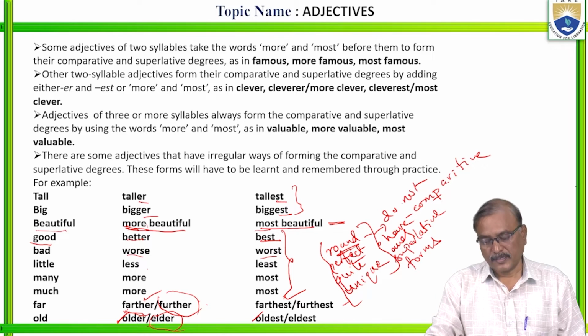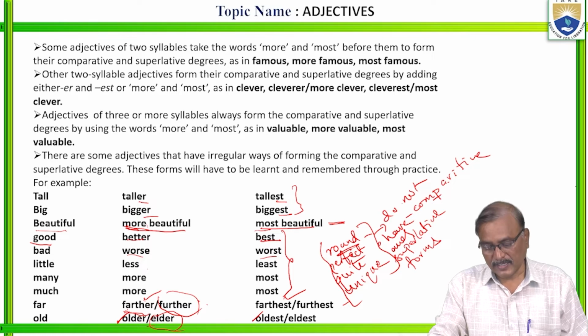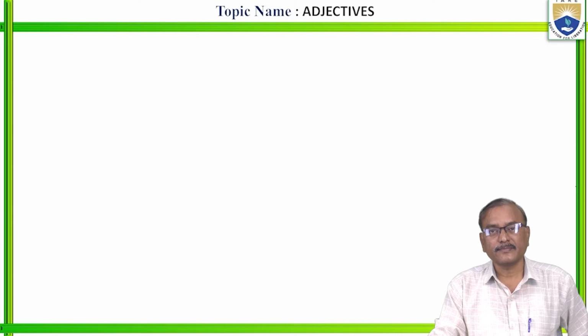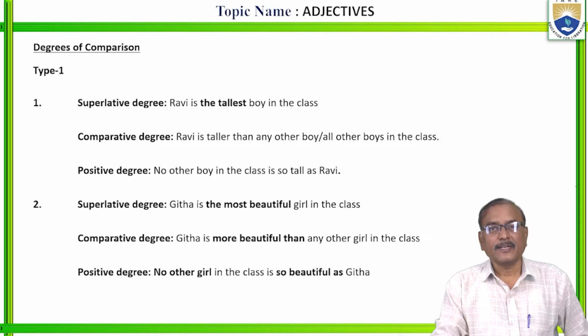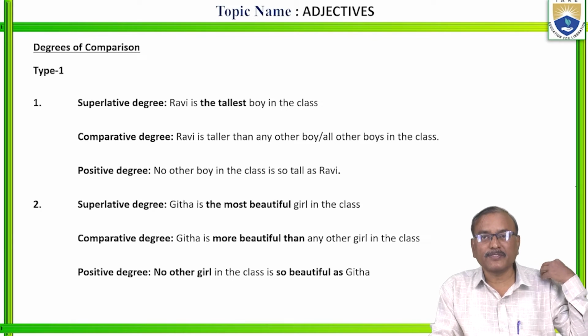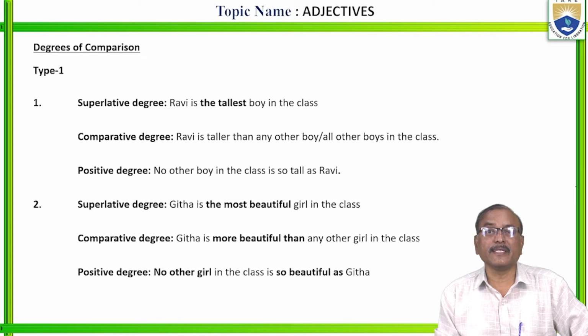Is it clear? Right? Here let us see the transformation of adjectives from one degree to another degree. Now, degrees of comparison and the transformation of adjectives from one form to another form without changing the meaning.